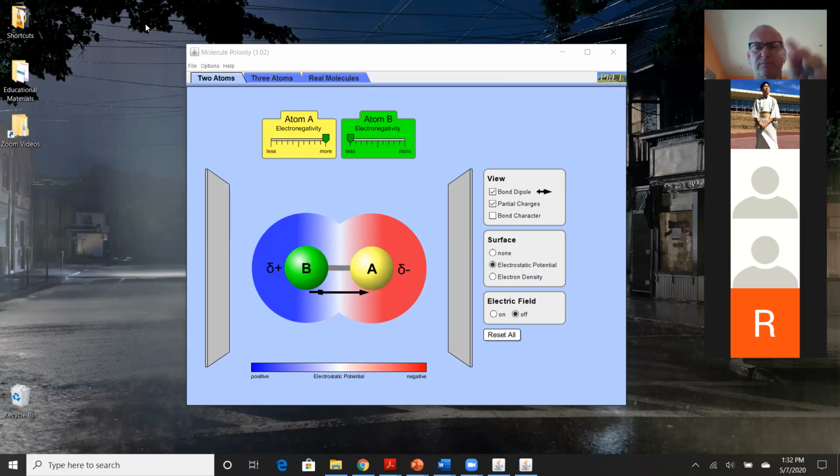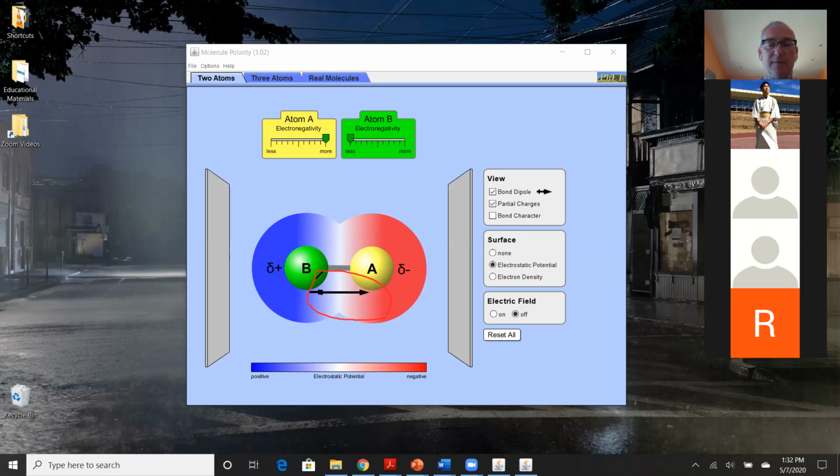I mean, this bond dipole that we're looking at, let me get my annotations to work. This that we're looking at right here, that's the dipole in that bond between atom A and atom B. Since atom A has a much higher electronegativity, it's pulling those electrons that it's sharing with atom B toward itself.